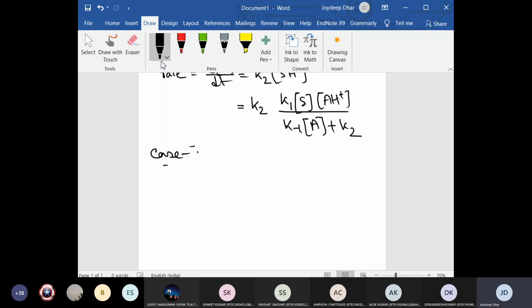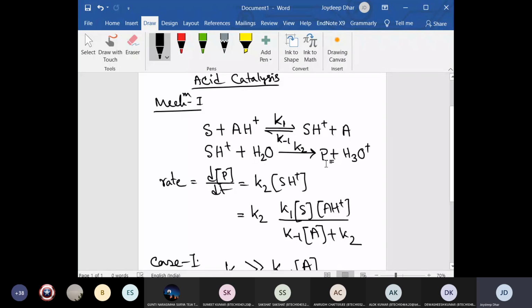Case 1: for the product formation, K2, the product formation step, is much larger than the backward step, because I have written a two-step reaction. One is the intermediate going back to the substrate in the first step; another is that SH+, the intermediate, can be converted into product.